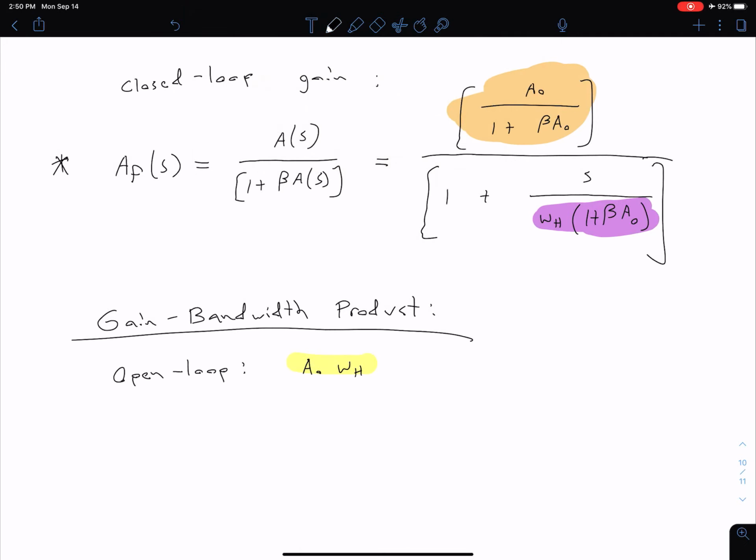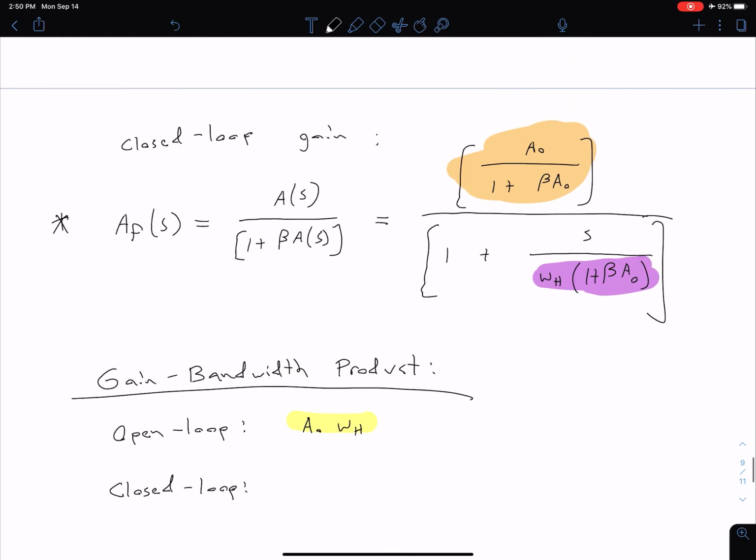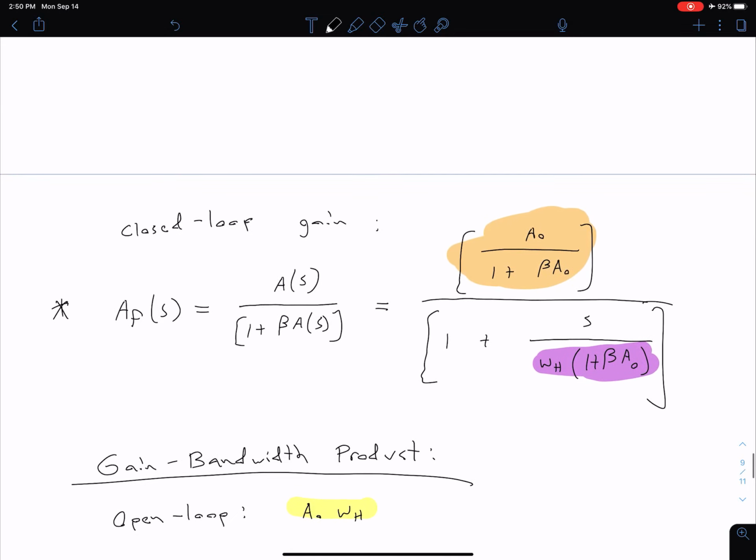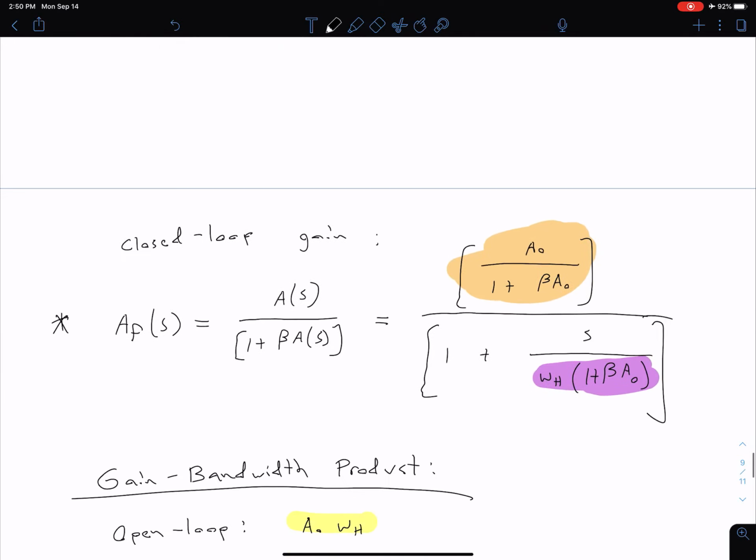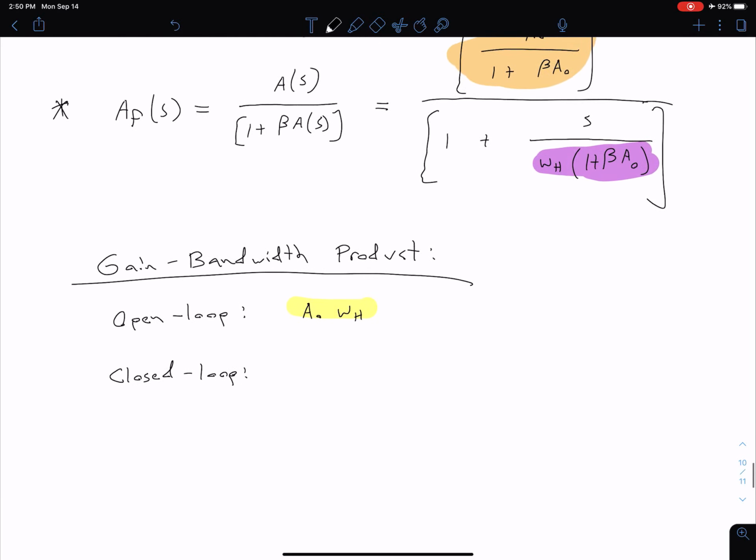Okay, so now let's look at our closed loop case. For our closed loop case, we can see here highlighted in orange, or if we come up to our plot, we see it here as well. Our low frequency or midband gain is A naught divided by 1 plus beta A naught.